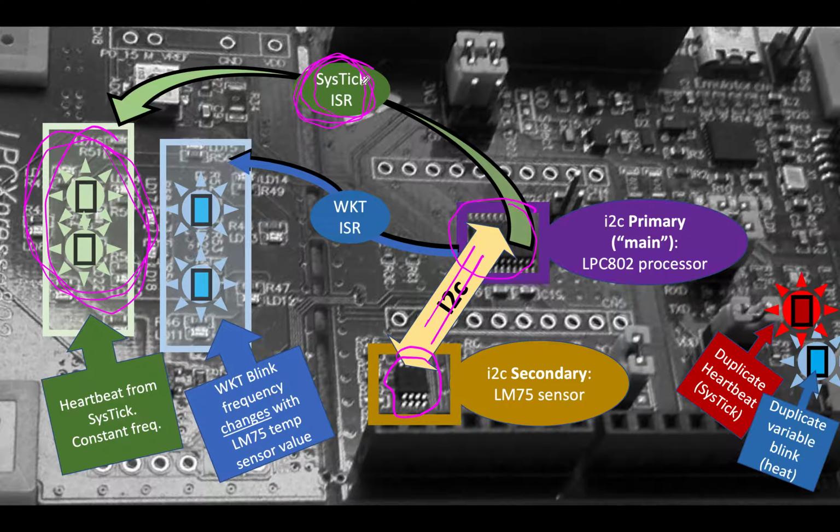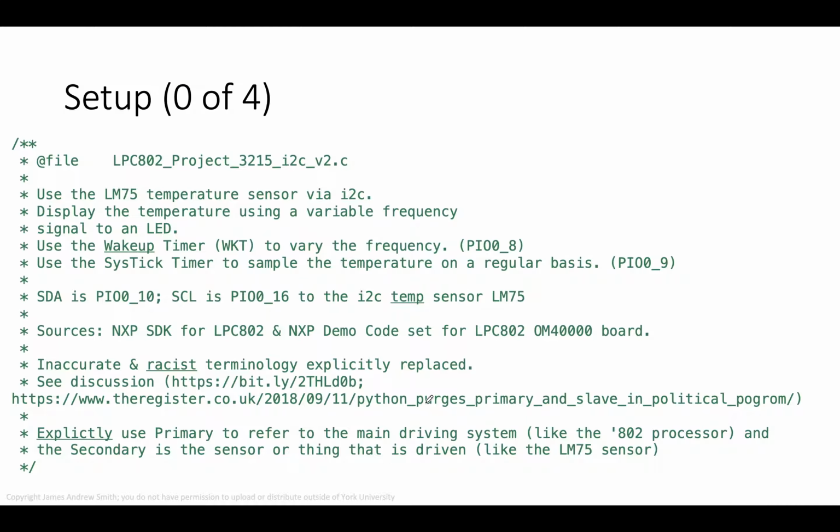Inside of the system timer interrupt service routine, there'll be sampling of the analog to digital converter, and a message passed via a global variable to the wake up timer and its interrupt service routine, which will allow two other LEDs to flash at a frequency proportional to the value of the temperature at the temperature sensor.